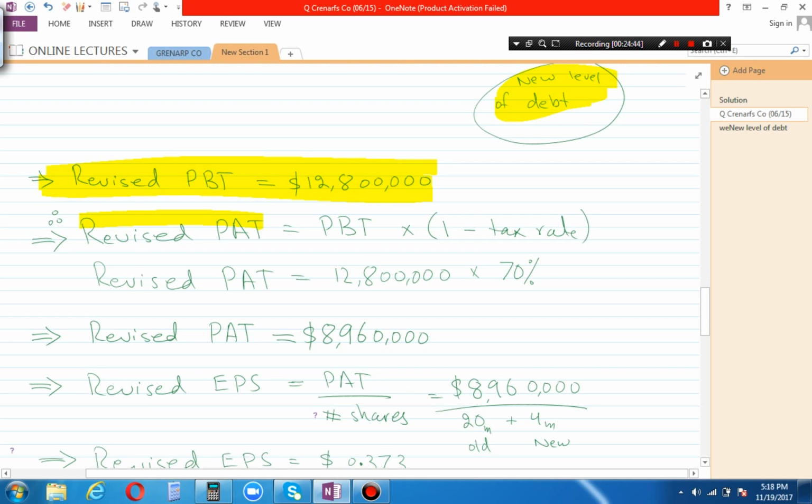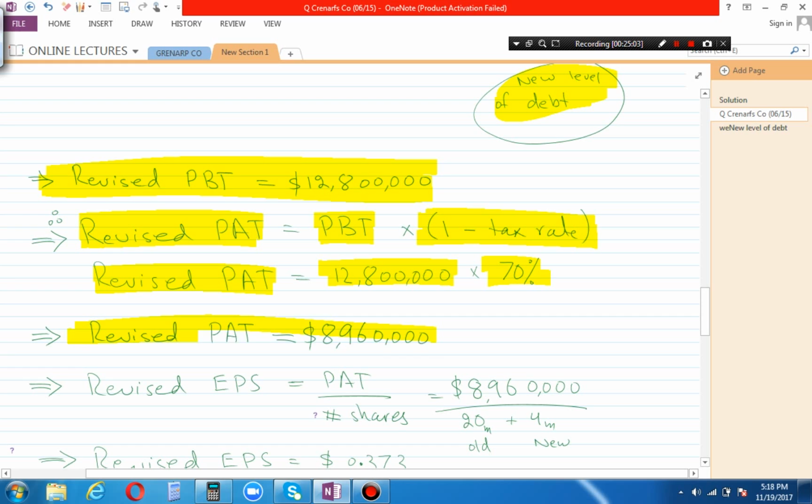Therefore revised profit after tax would be your profit before tax 12.8 million multiplied by 1 minus the tax rate, 1 minus 30% is 70%, and your revised profit after tax would be 8.96 million.